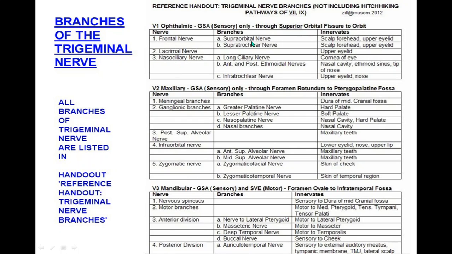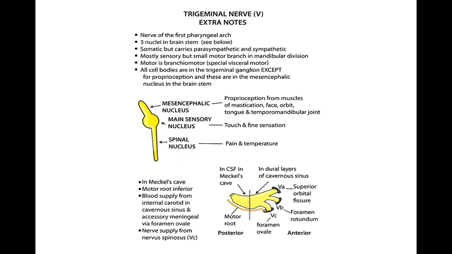In turn, the frontal nerve gives rise to the supraorbital and supratrochlear nerves, and their areas of supply. So these are the branches and this is the area of distribution. Very good. We have the functional components and the branches all compiled in one table. This table summarizes the whole trigeminal nerve. And this is one more last slide.